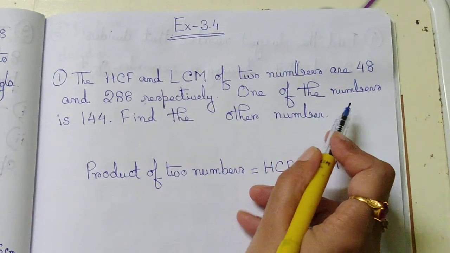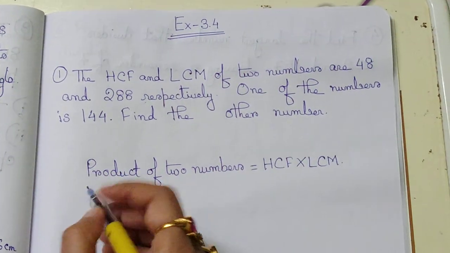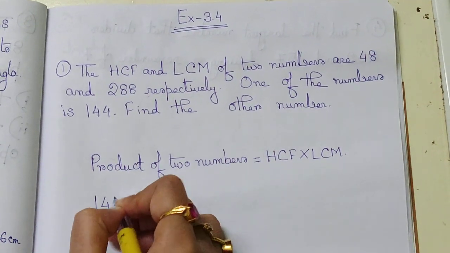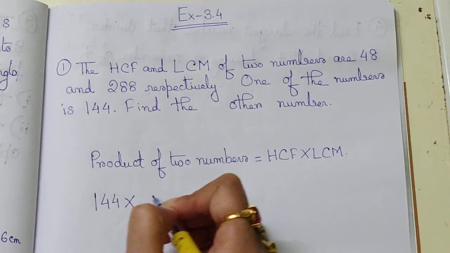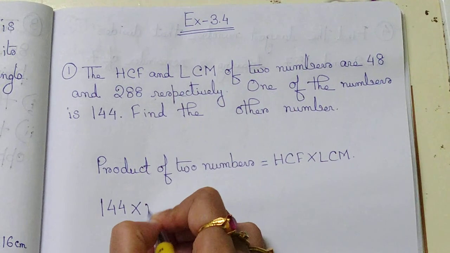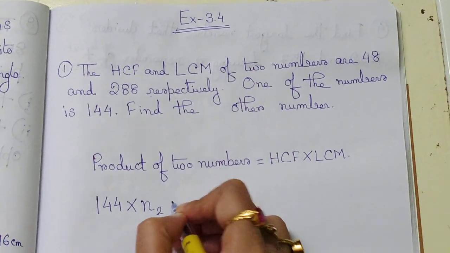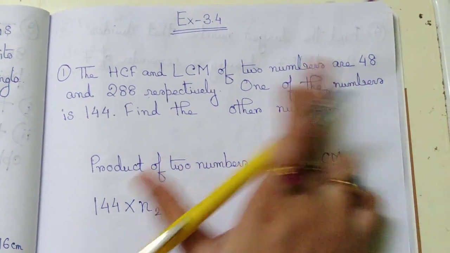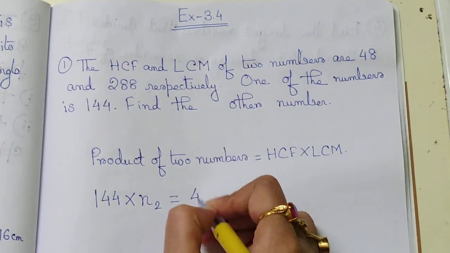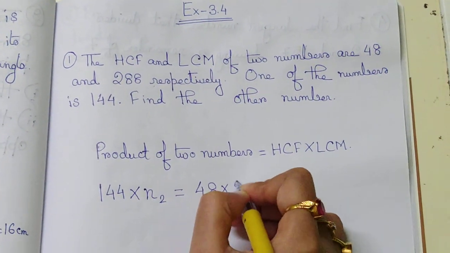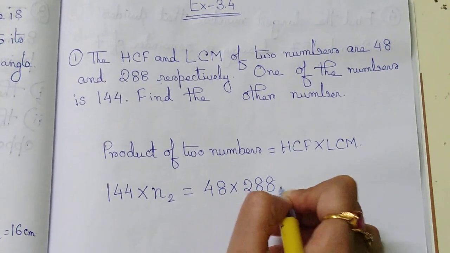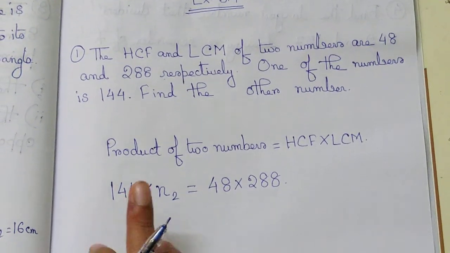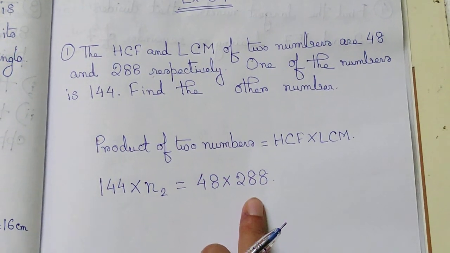So one of the numbers is 144. So I am writing 144 into, suppose the other number I am naming it as N2, equals to HCF and LCM are 48 and 288. So 48 into 288. So 144 will be coming this side.